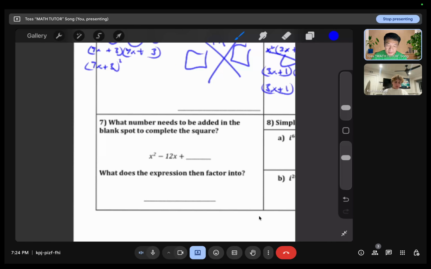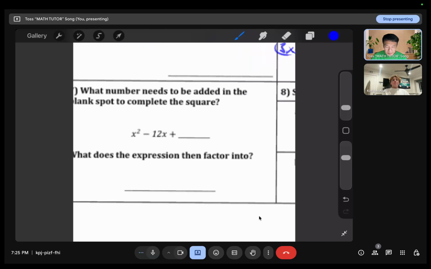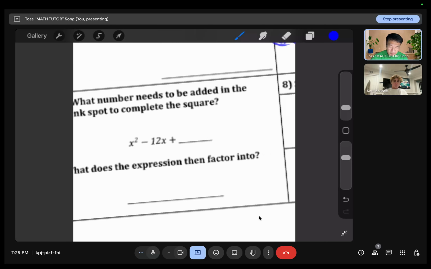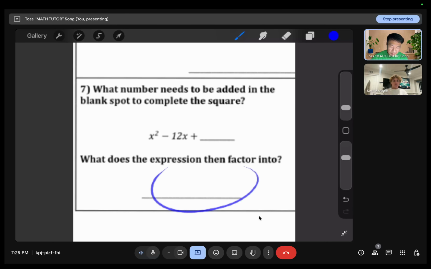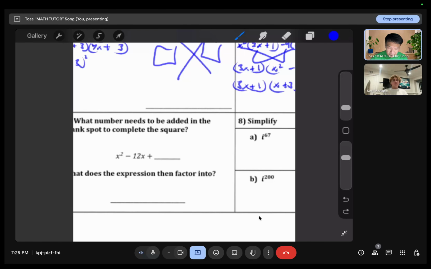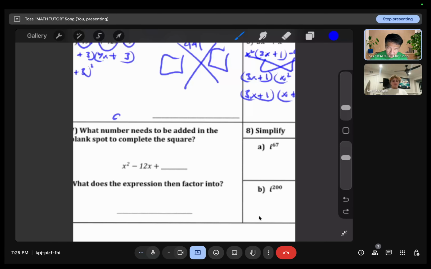Number 7 is a concept. It's about completing the square. To do that, the way that you do it is this. Now, I need space, but I don't want to intrude into the bottom here. So what you do is you take the b. Now, if you recall, there's a form that goes like this. Let me write it up here. ax squared plus bx plus c equals 0.